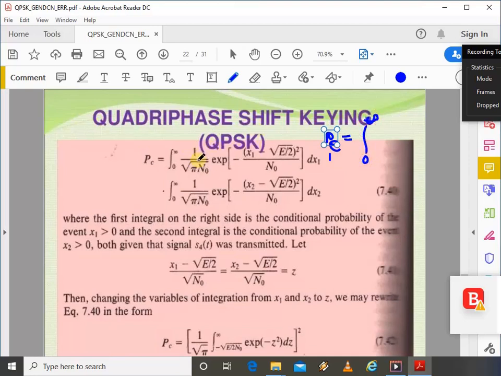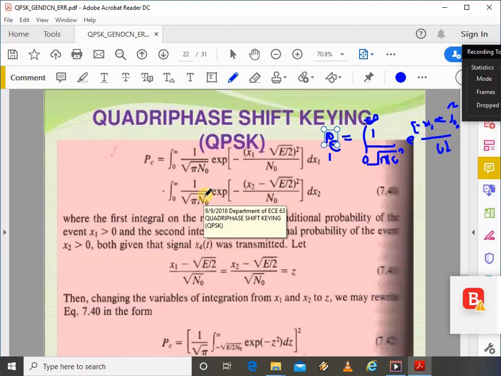It is 1 divided by square root of 2 pi sigma square into e to the power minus of x1 minus mu x, bracket square, divided by 2 sigma square.